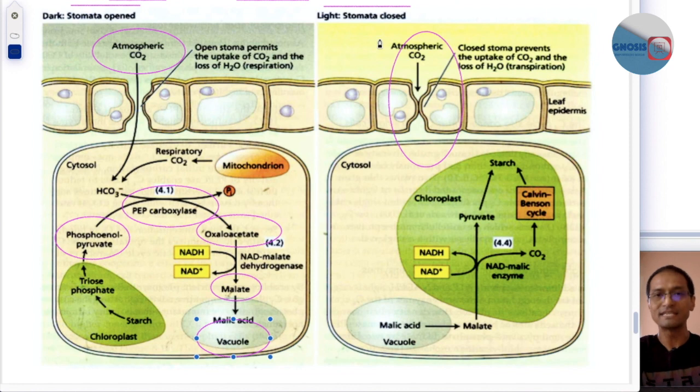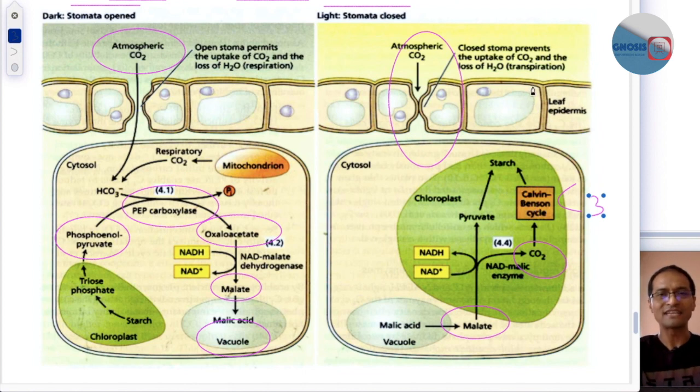So in the daytime, although the stomata are closed, this malic acid will move out of the vacuole, be converted to malate, and this malate will then be decarboxylated to give you carbon dioxide. This carbon dioxide can then enter into the Calvin cycle, or the Calvin-Benson cycle, or what we know as the C3 cycle, because now you have ATP and NADPH available to drive the Calvin cycle.